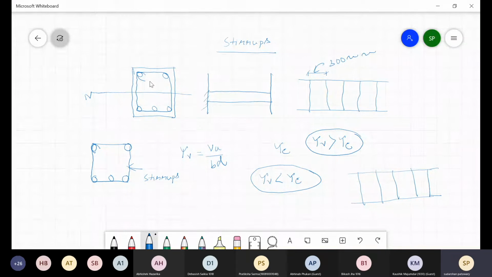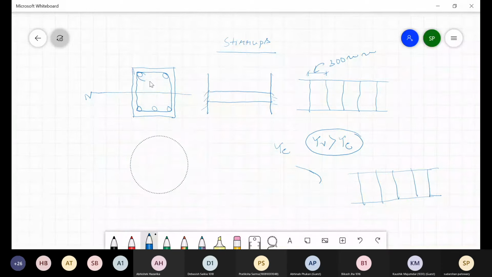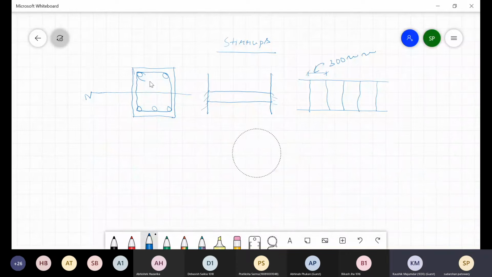So for this fixed beam, where does the maximum shear force occur? At the support. For a simply supported beam, the shear force is 0 at the support, but for a fixed beam, maximum shear force and bending moment occur at the support. So what happens in this range of support? This type of crack will occur.